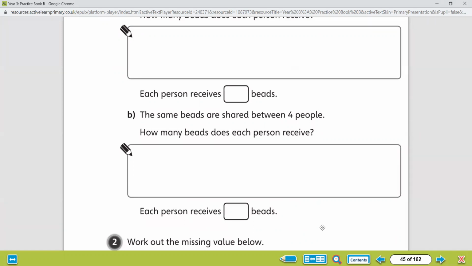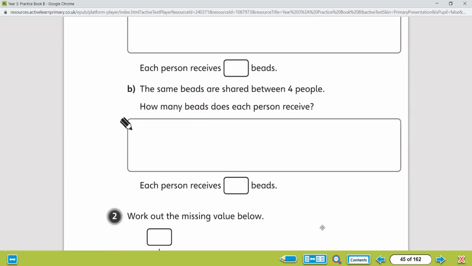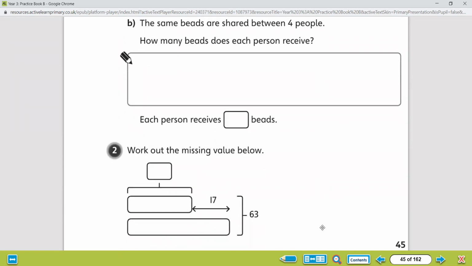I'd like you to have a go at 1B. Pause the video and have a go. Okay. Did you do 24 divided by 4? I hope you did. Right, let's have a look at question 2.